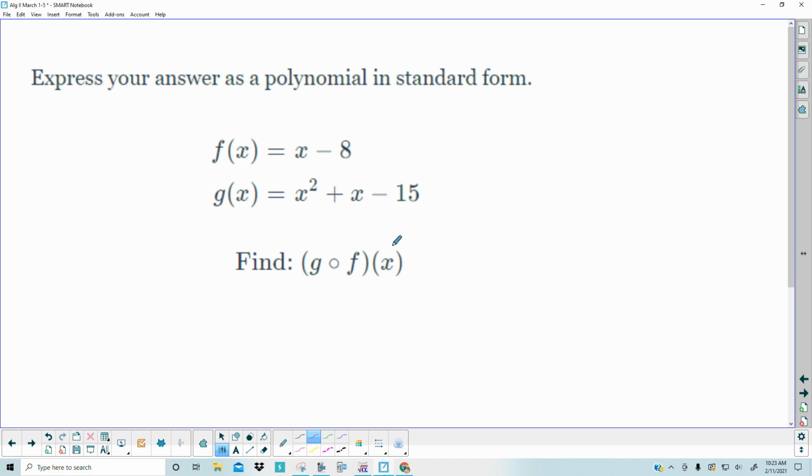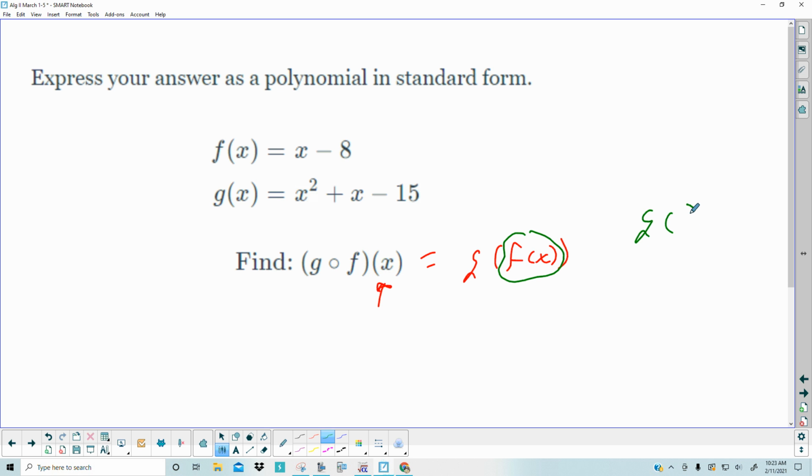Now, notice that they aren't giving you a number in these ones. This is the same thing as g of f of x. Again, what you're filling in to g is f of x. You're filling into g what's inside it.